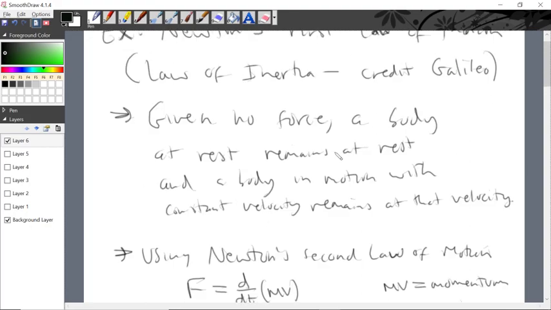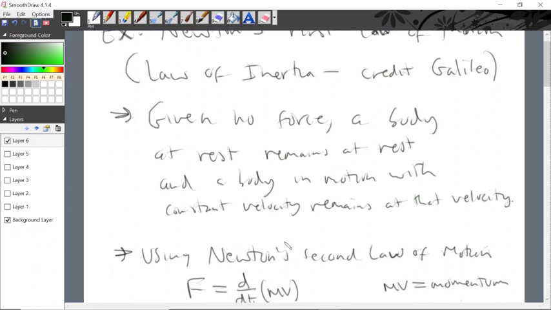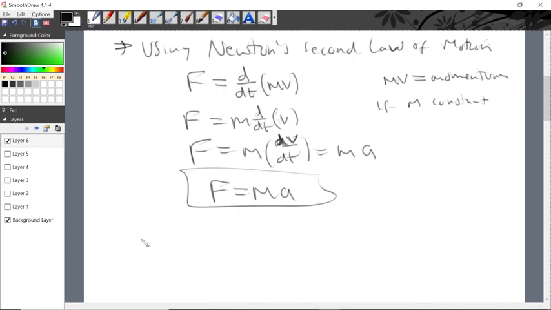Use Newton's second law to prove his first law, that given no external force, a body at rest remains at rest, and a body in motion with constant velocity remains at that velocity. Now, proof of Newton's first law of motion.